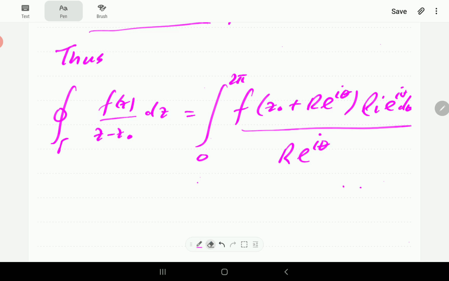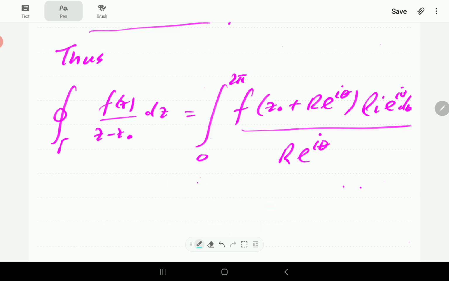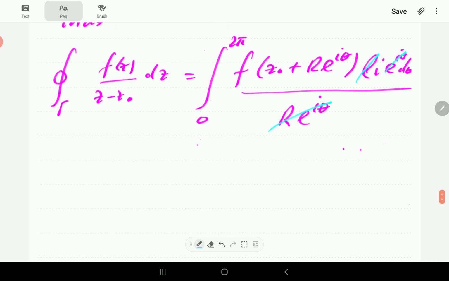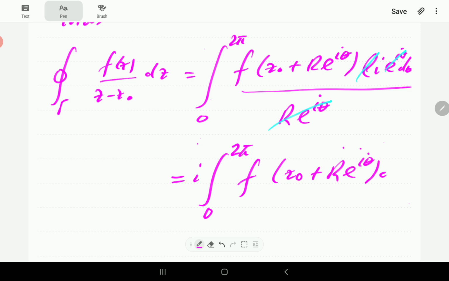Some of these terms cancel out straight away: r e to the i theta cancels, so this is equal to i times the integral of f of z0 plus r e to the i theta d theta.